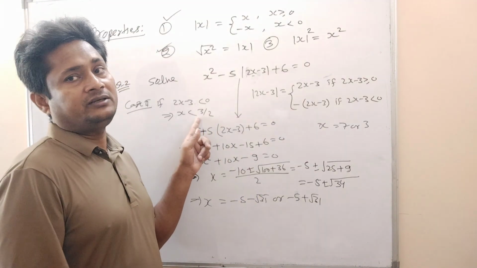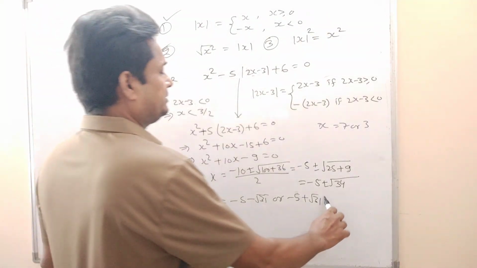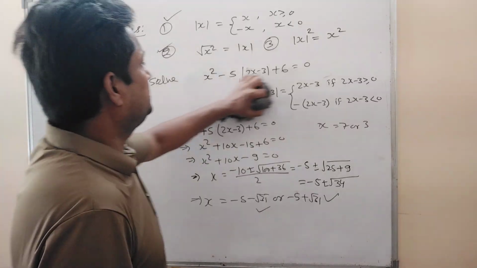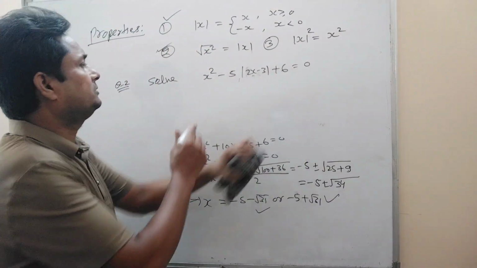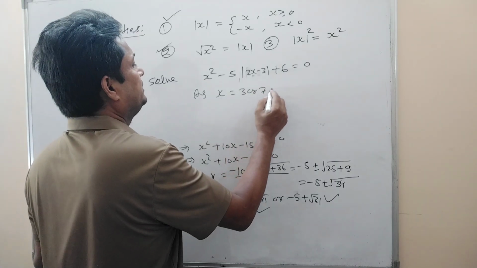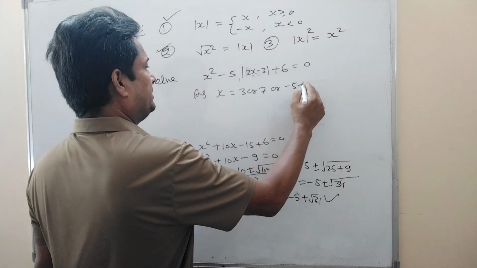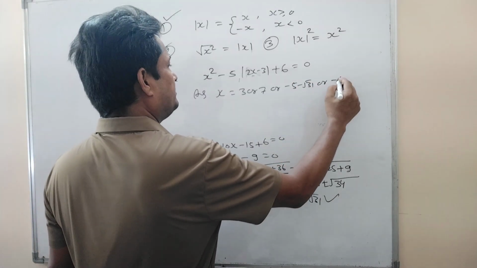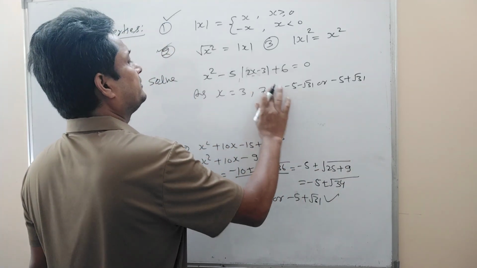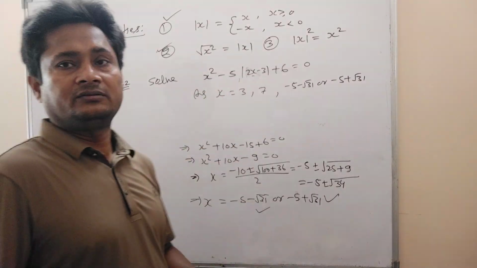That answer also lies in this interval, so this answer is also correct. So both answers are correct. So the total solutions are: x is equal to 3 or 7 or minus 5 minus root 34 or minus 5 plus root 34. These are the answers of this question.